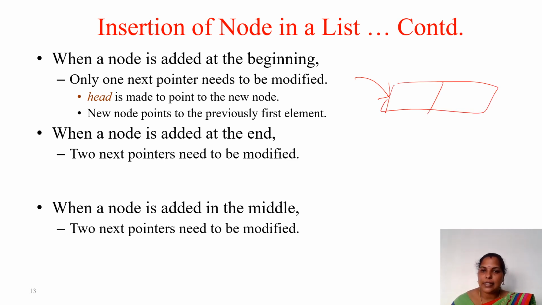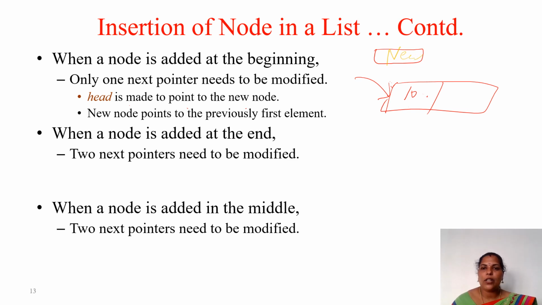Now we need to insert here, because the specified node is this one, roll number equal to 10, say for example. So before roll number equal to 10 we have to insert. In such a case, head is made to point to the new node. Here we are going to insert some new node. So in order to insert a new node, this is a new node.